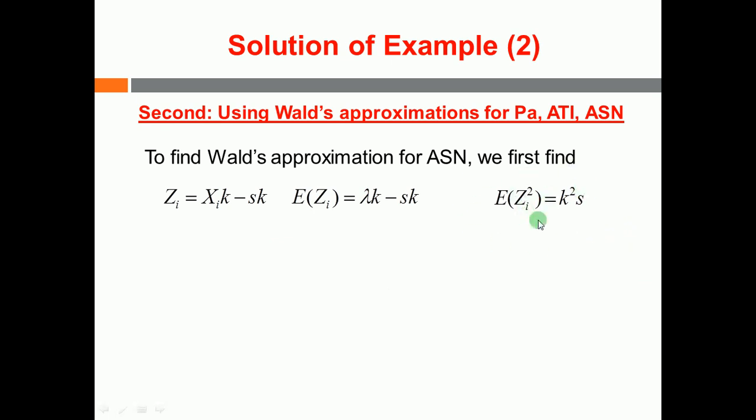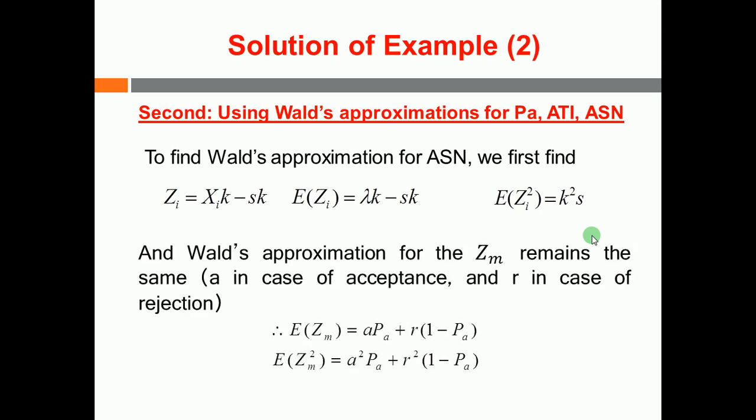By working this out, you will find that the expectation of Z square i is equal to K square multiplied by lambda S. As for Zm, the definition of Zm will not change because of the change of the distribution. It will remain the same as Wald approximated the value of Zm to be equal to A in case of acceptance and R in case of rejection.